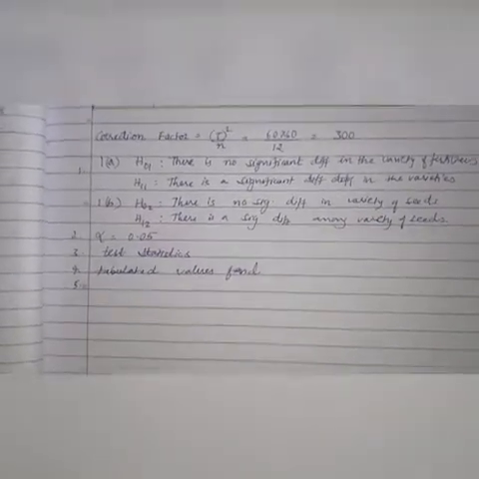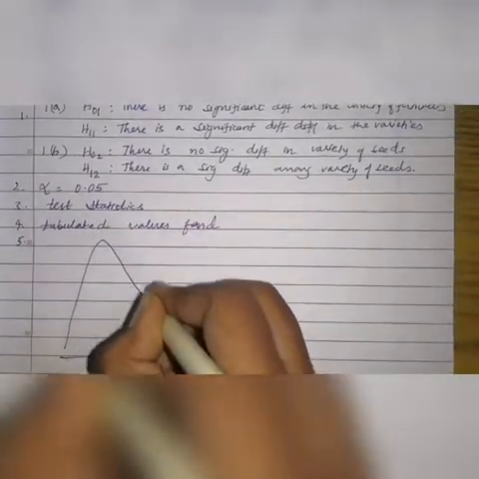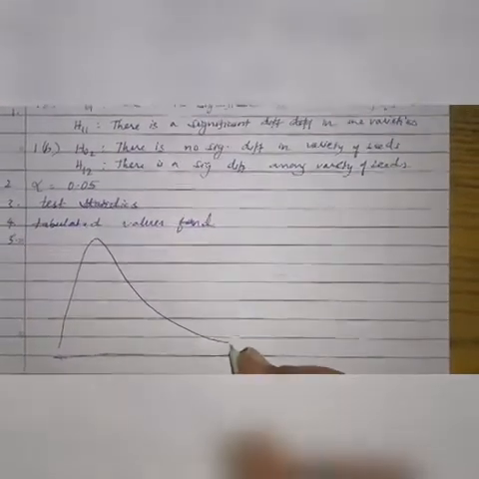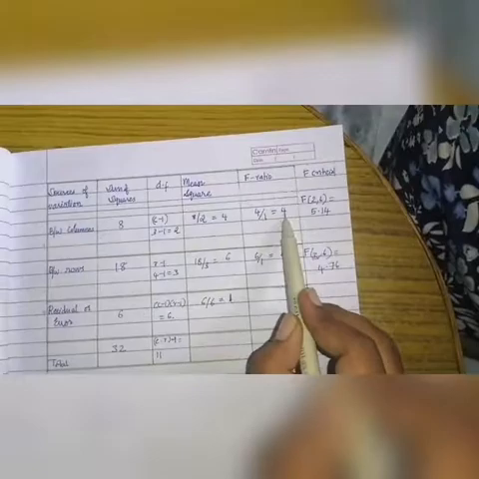So if I draw a graph like this, you know ANOVA is a rightly skewed curve. So this is my rejection region, this is 0.05. Now for the first set, the critical value came up to be 5.14 and the calculated value is 4.